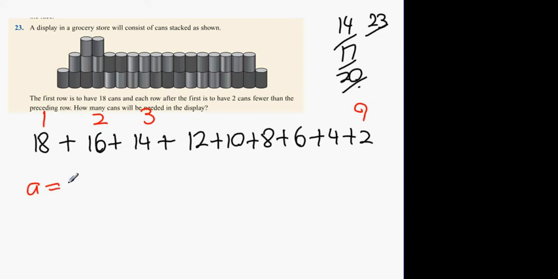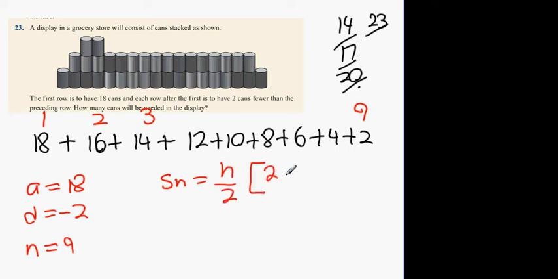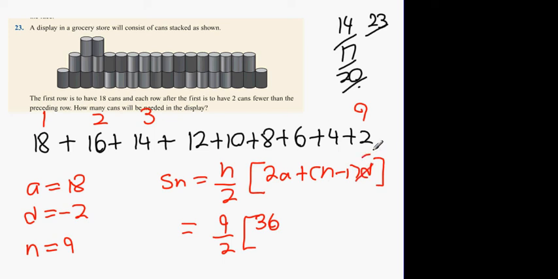So a is 18, d is minus 2, n equals 9. Use the Sn formula instead of adding them all up. Then what we get here is 9 over 2 into 2a, which is 36, plus n minus 1 times d, so that's minus 2n plus 2.